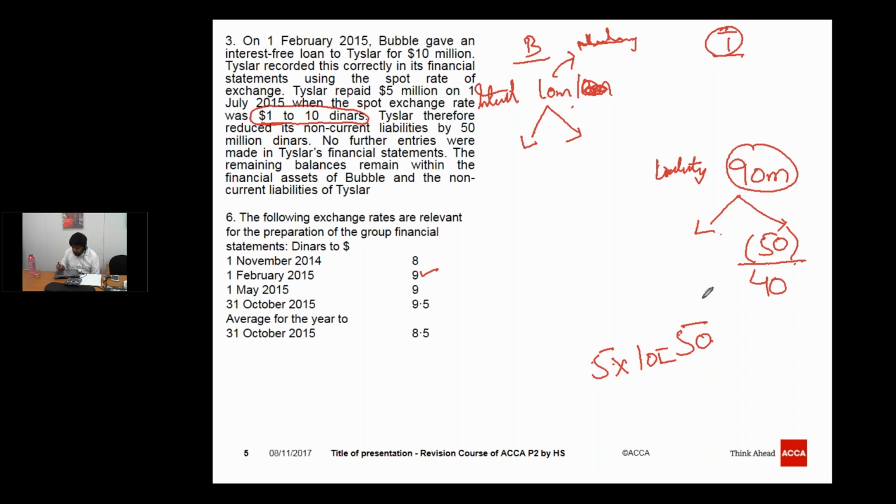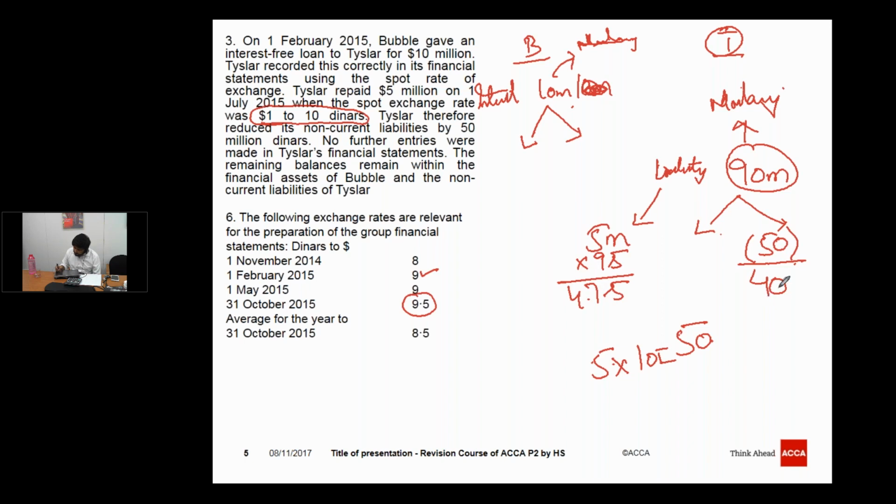Now the remaining liability, when we retranslate the foreign currency monetary items, the remaining liability of the subsidiary company is still $5 million. You have to pay a further $5 million, and at the year end, the rate is now 9.5. So by multiplying 5 into 9.5, we got the value of 47.5.